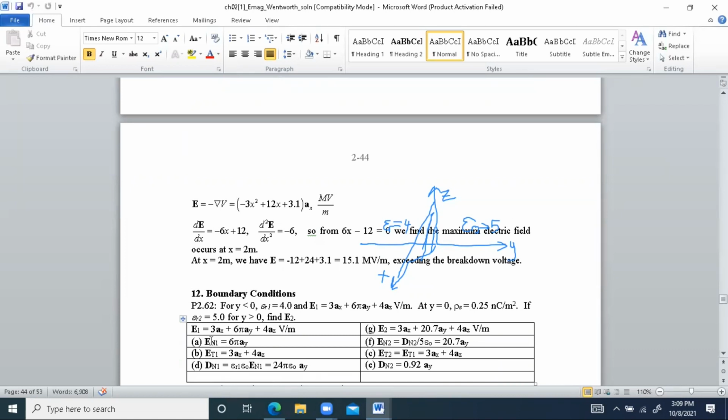So if we have E normal 1, this is E normal 2. No, this is D normal 2. Epsilon times E normal 1 is D normal 1.